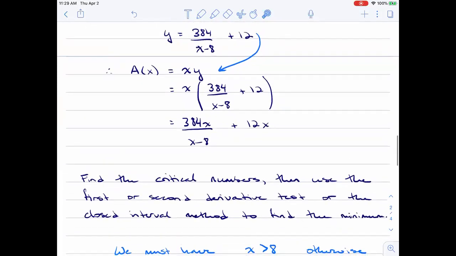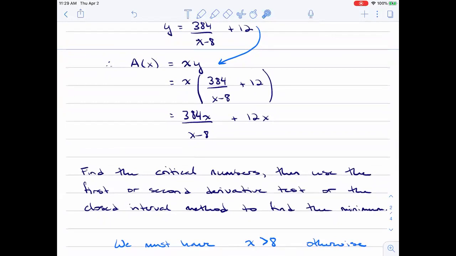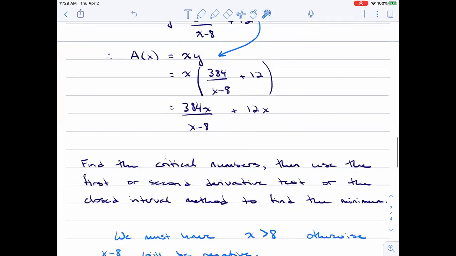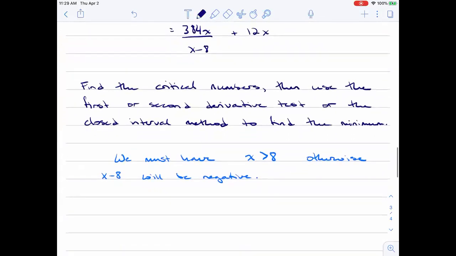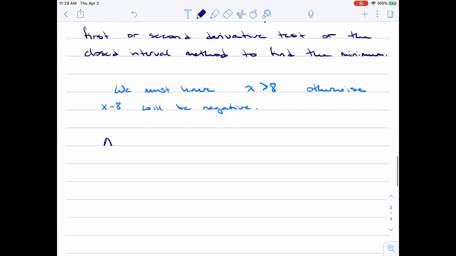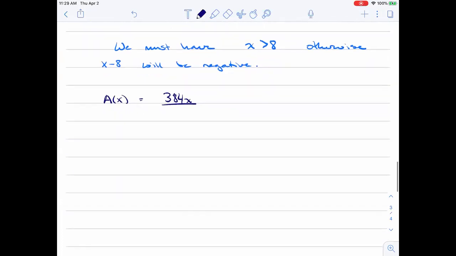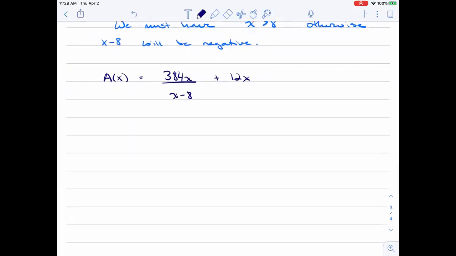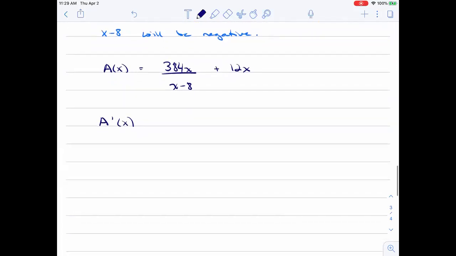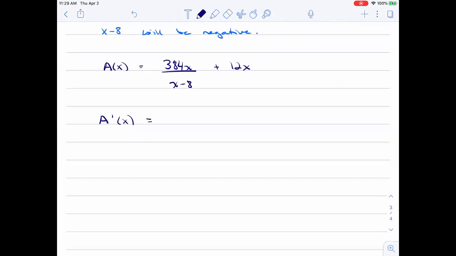So let's see here. We have to find the derivative of this thing, right? We've got A of x, just writing it out so I have it here, is 384x over x minus 8 plus 12x. So the derivative of A with respect to x, here we've got the quotient rule.